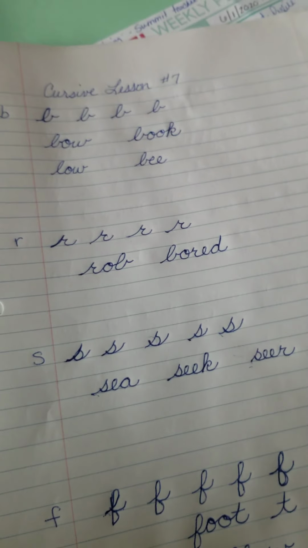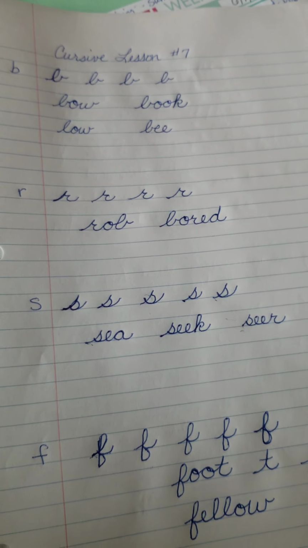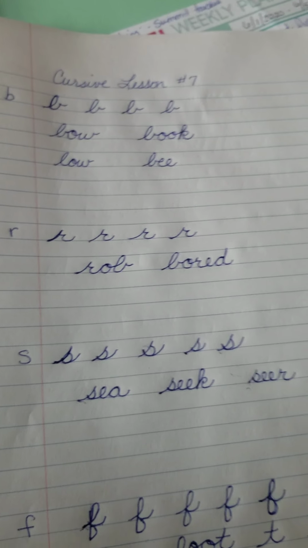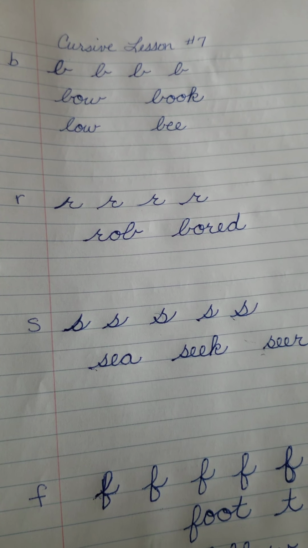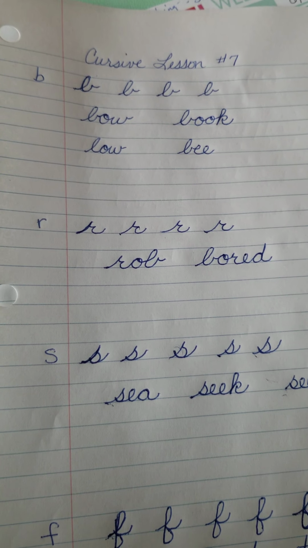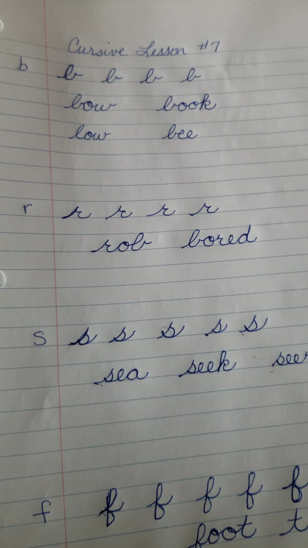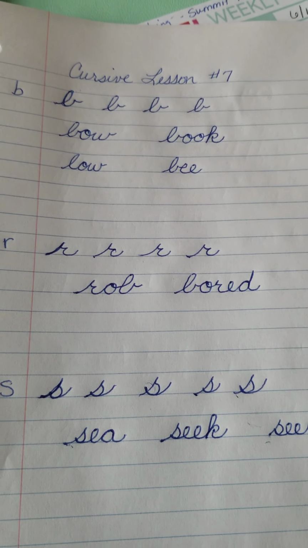Maybe ask your parents to go to the dollar store and get yourself a spiral notebook that can be just for cursive practicing. And then at the end of the summer, go back to your first page and you'll be like, whoa, it looks so much better. All right, cursive lesson 8 will be on its way.